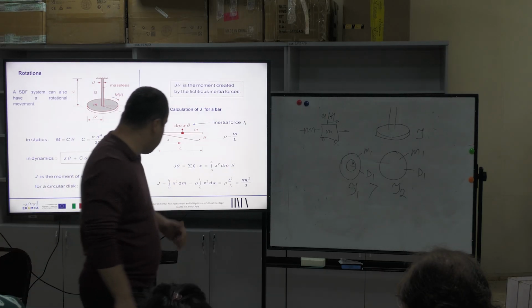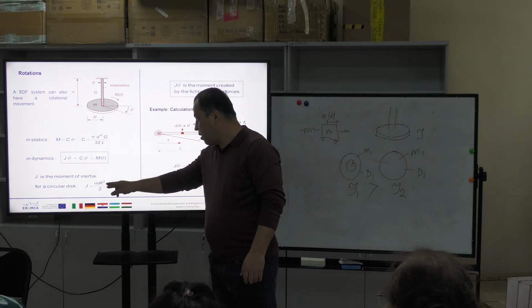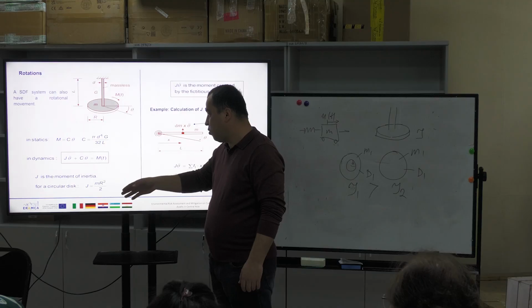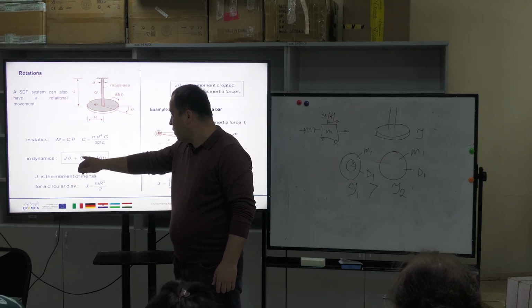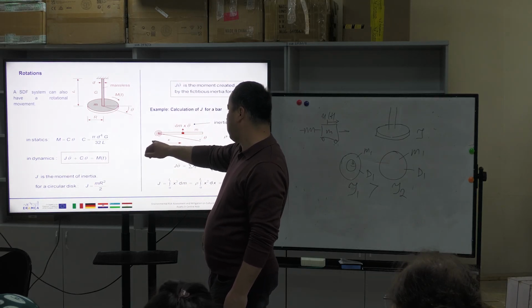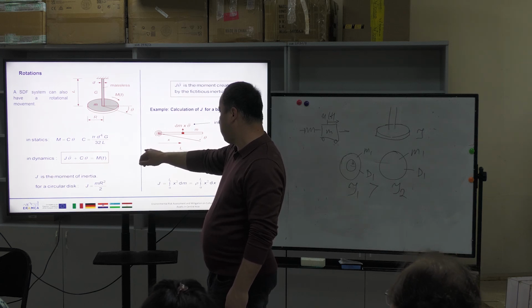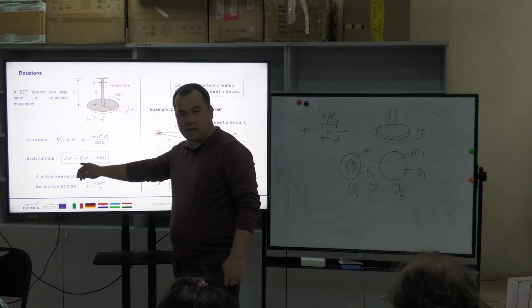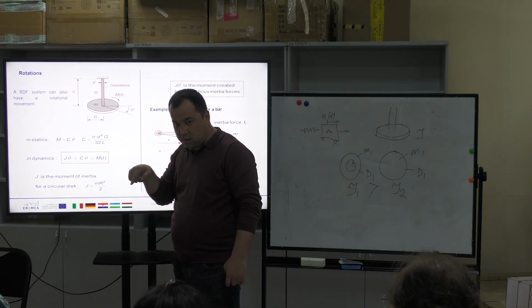So, the inertial moment of the circular disk is equal to mr squared divided by 2. I already told you. And here we have C. Sorry, what is the C? Center of mass. Yes, C is the K. Spring stiffness.